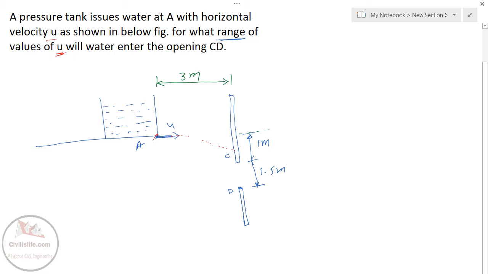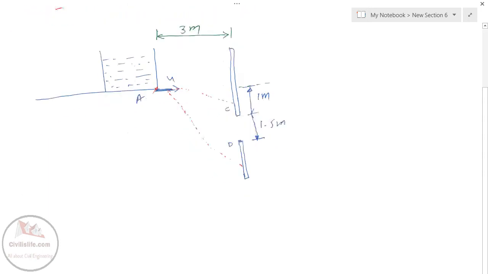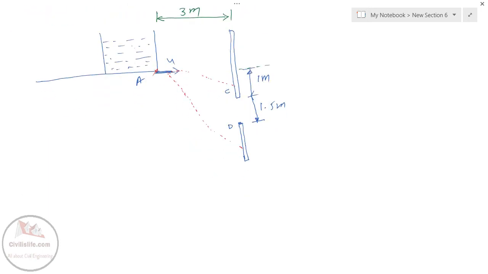If the velocity of the water is less, it will take time, moves in this way and strikes the wall after the opening. So to facilitate that water enters the opening CD, we have to maintain some velocity. Then only water will enter the opening CD.